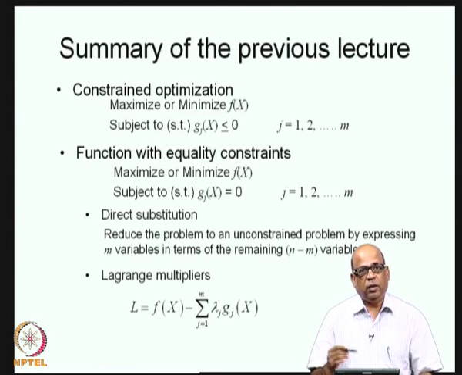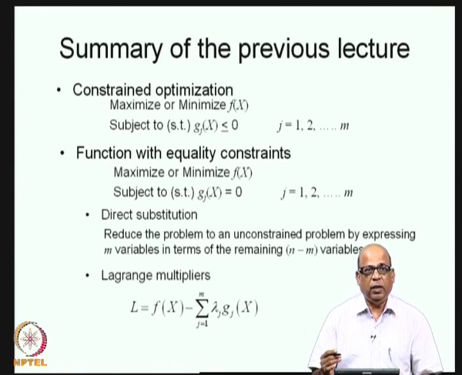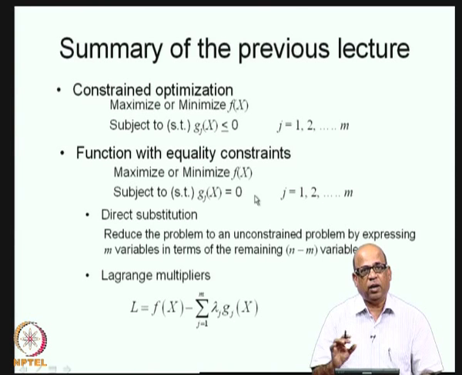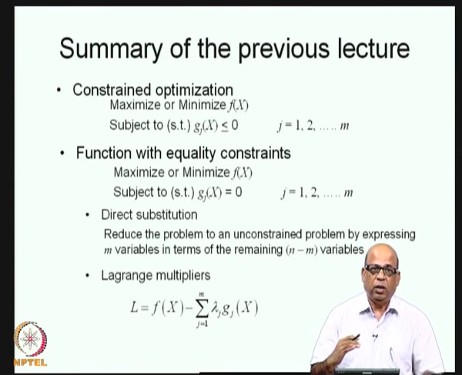We introduce the Lagrange multipliers, where associated with each of these constraints g j of x equal to 0, we introduce another additional variable lambda j. So, in the direct substitution method you reduce the number of variables, whereas in the Lagrange multiplier method you increase the number of variables.